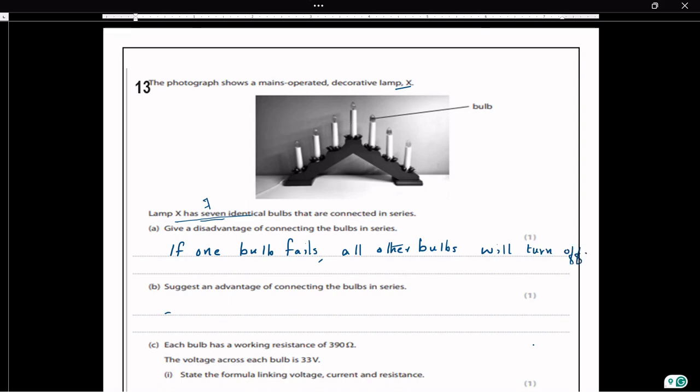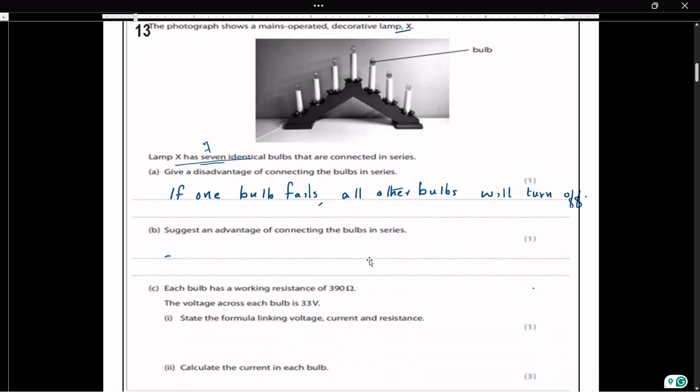Now suggest an advantage of connecting the bulbs in series. First of all, the advantage is that series connection uses only few wires. So we can write it: it uses few wires. As another advantage, we can say that we can control all the bulbs with a single switch.